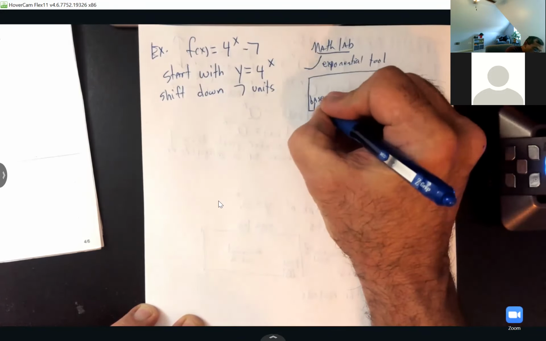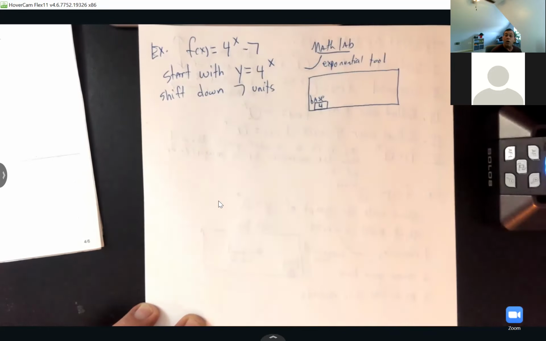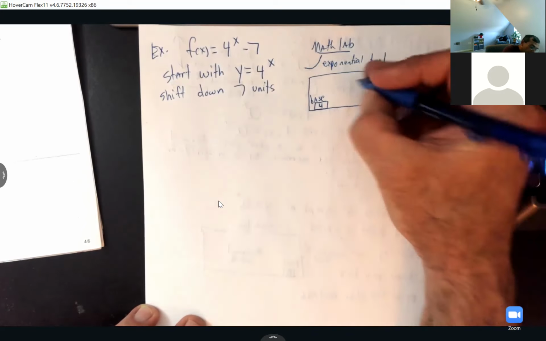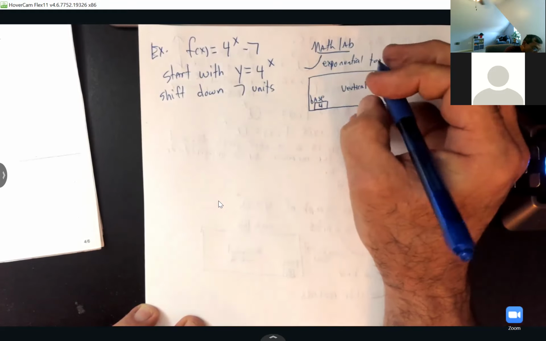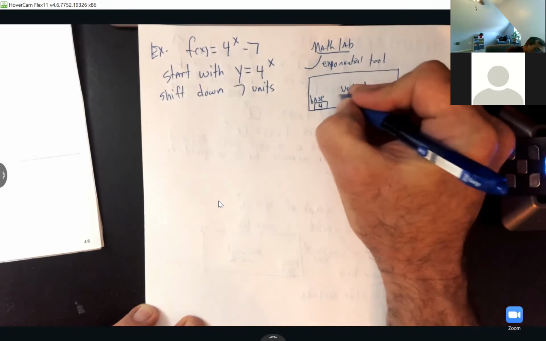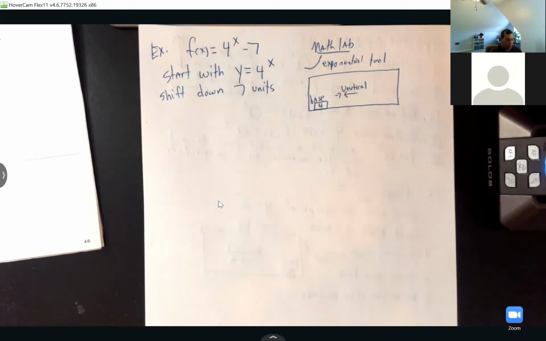On the little box, you got to change your base for this one to a 4. And then let's see, we went down, so we would do our vertical slider to a -7, since we went down 7. Once you change your base, move that to -7, it's going to shift the graph for you and be done.